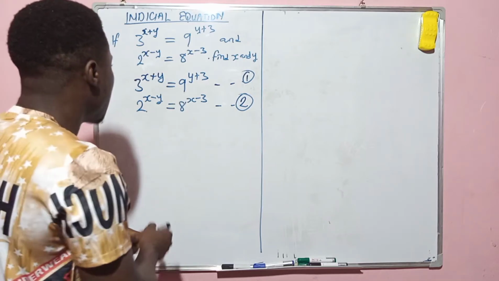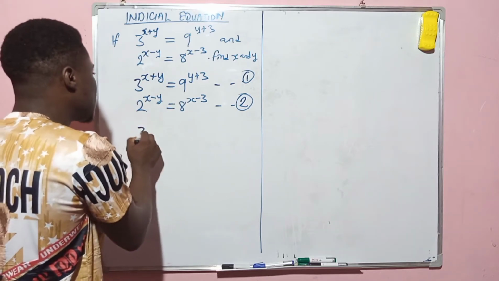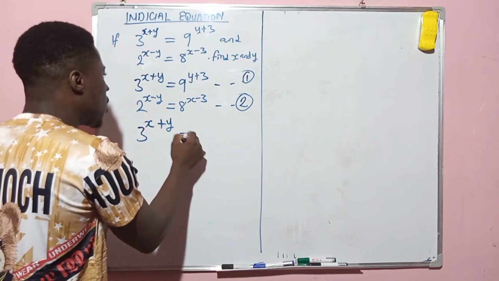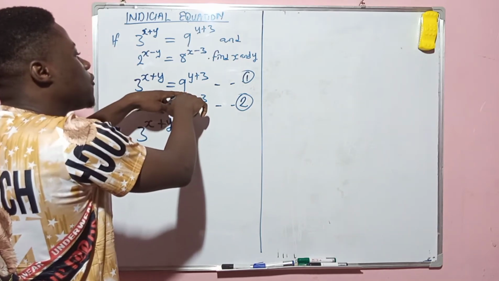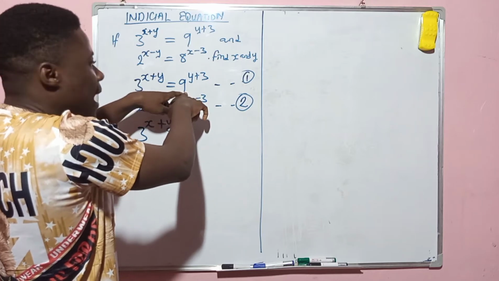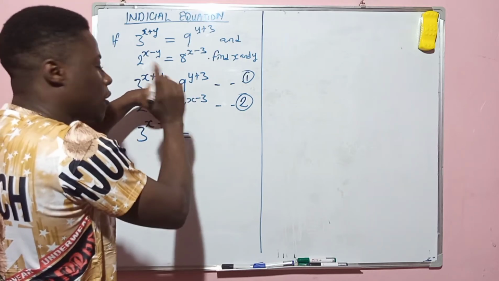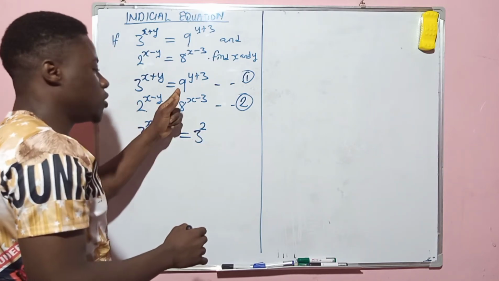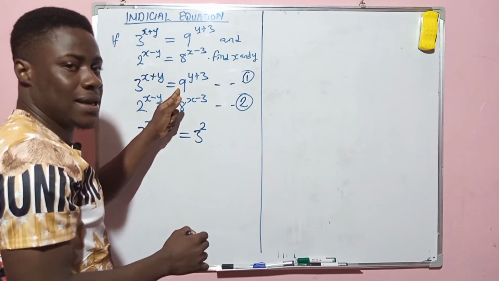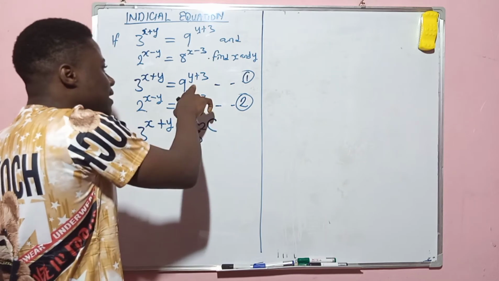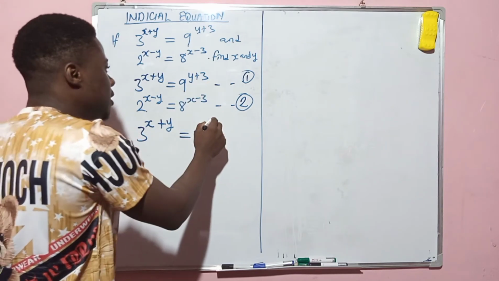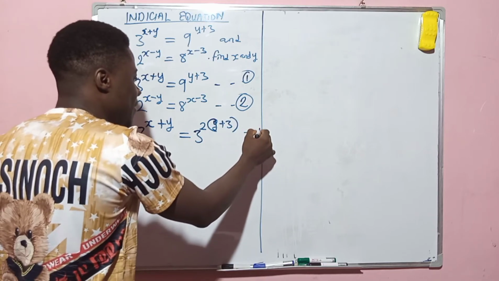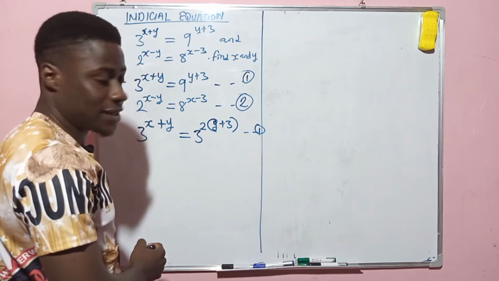When I do that, I will have for equation 1, 3 raised to the power x plus y equals, since 9 is a multiple of 3, I can express 9 in index form as 3 raised to the power 2. 3 raised to the power 2 is automatically equal to 9. Then in bracket the existing power, which is y plus 3. This is still my equation 1, as you can see.